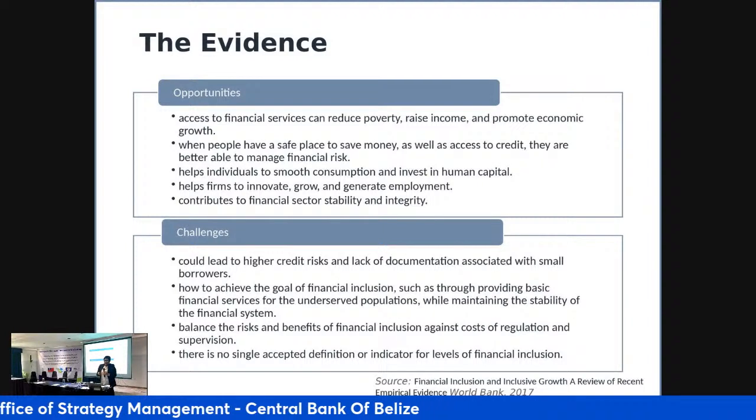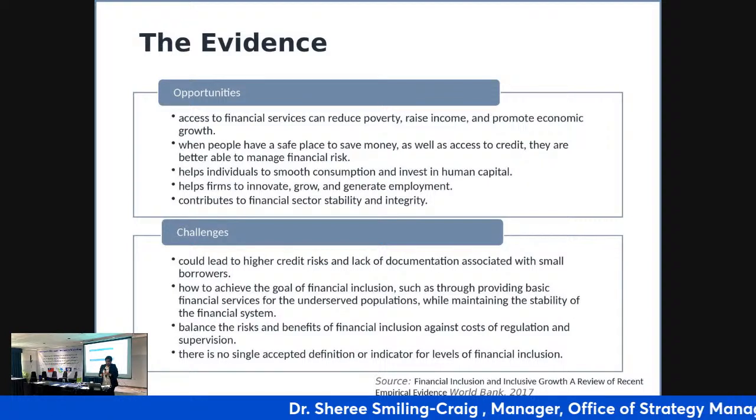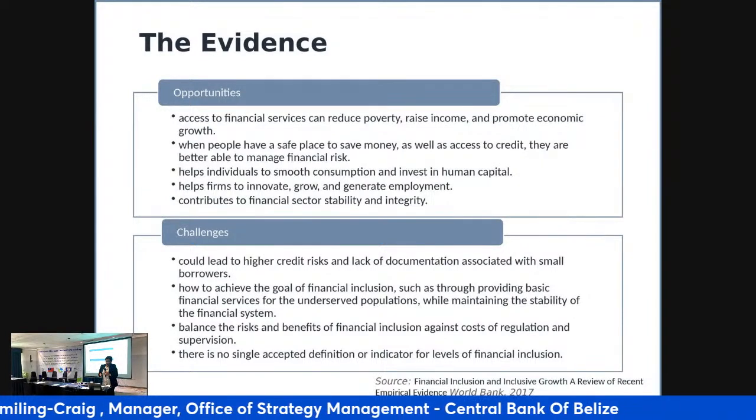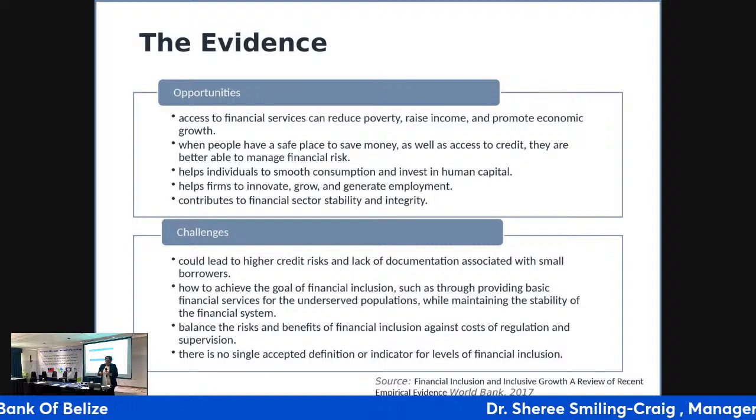When people have a safe place to save money, as well as access to credit, they are better able to manage financial risks. I won't go through each of these because there's quite a bit, but it also helps firms to innovate and grow when they have access to credit products that are meeting their individual needs.